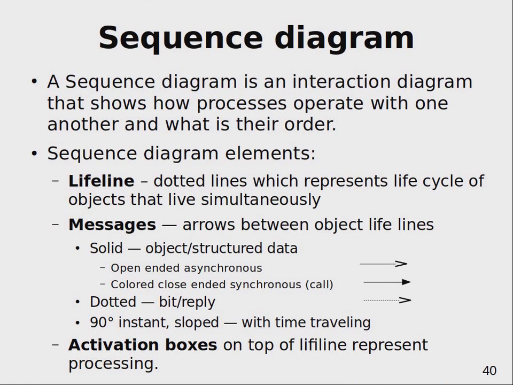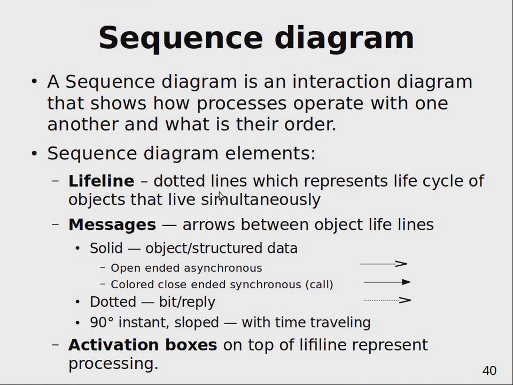And the sequence diagram is interesting in this area in that it shows time flowing in the diagram explicitly. Time flows either from left to right or top to bottom, and you can know in which direction time flows from these notations called lifelines.